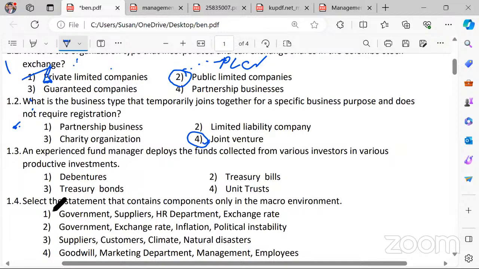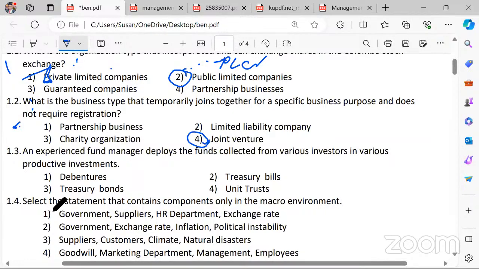Then you can ask another company, another business, to invest my money in a productive investment portfolio, right? And give me the return.